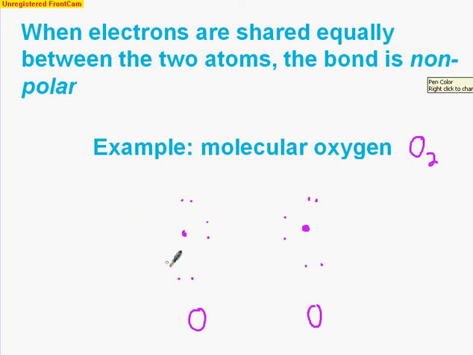So oxygen can share one pair and actually another pair with another atom of oxygen. Remember, these are both oxygen atoms. So now you're going to have 1, 2, 3, 4, 5, 6, 7, 8. This guy's happy. 1, 2, 3, 4, 5, 6, sharing 7, 8. Now this guy's happy. So both atoms have achieved stability by covalently bonding or sharing electrons.